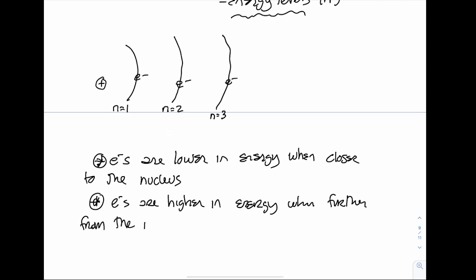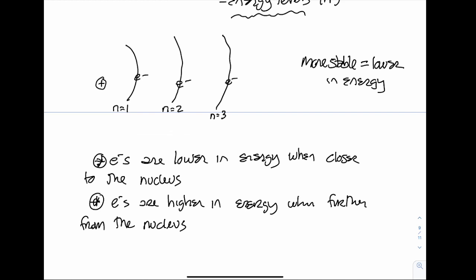Those two statements we're going to use a lot in this chapter. This section and then also the section that's with Unit 2, those two statements are going to be really important. So remember, things want to be stable. We could say more stable equals lower in energy. Those are always going to be true.